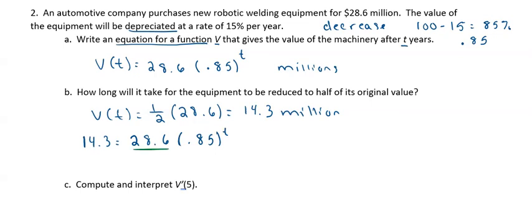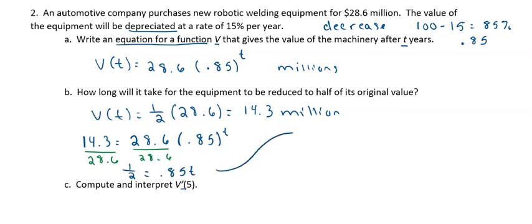The first thing we should do is divide by our 28.6. We're trying to get the t, so we need to move everything else away. If we do our division, it's going to be a half. So we have a half equals 0.85 to the t.